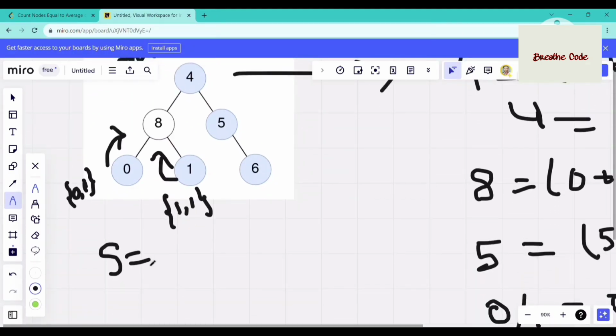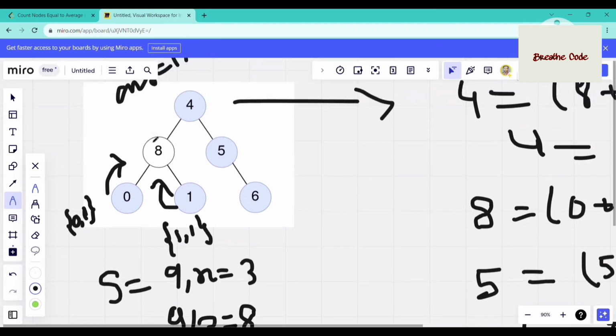So my sum will be 9, and number of nodes will be 3, and we'll check if this 9 divided by 3 equals 8, then we will increment our answer.